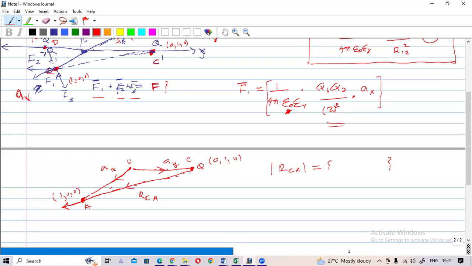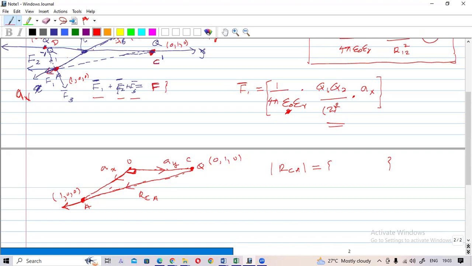What you have to do? This length you can find easily. Actually, this is the x-axis and this is the y-axis, so there is a 90 degree angle.